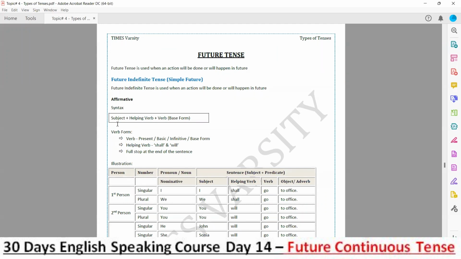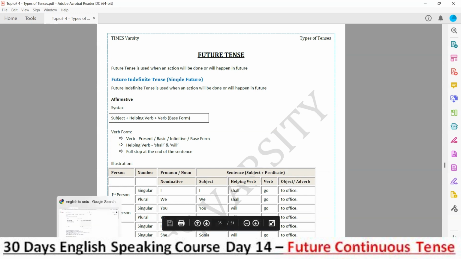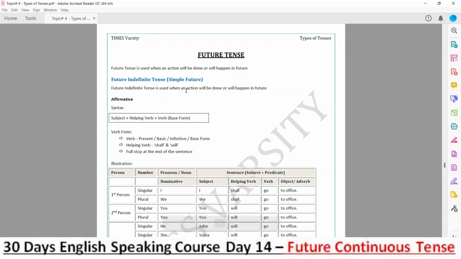In affirmative, the syntax is subject plus helping verb plus verb, and the verb is in base form. So if we are framing a future indefinite affirmative sentence, we need to make sure the subject comes first, then whichever helping verb is applicable, and finally the verb in base form. This is the rule we need to follow.